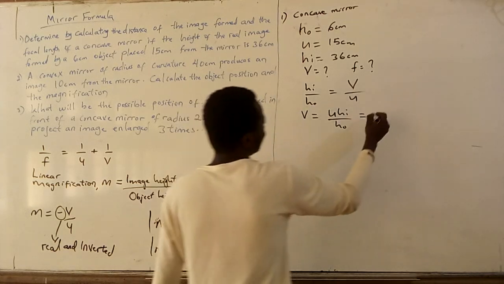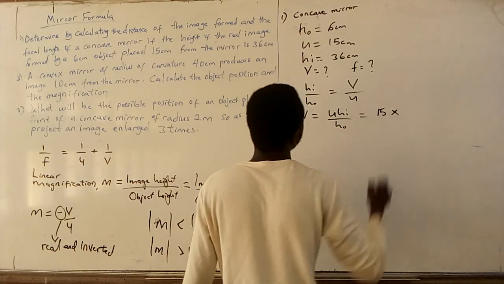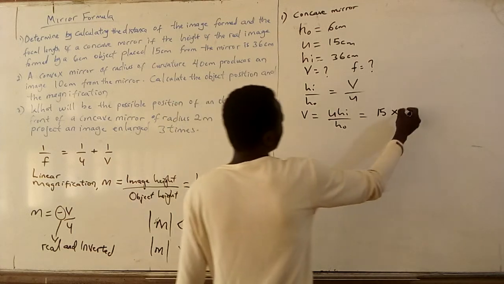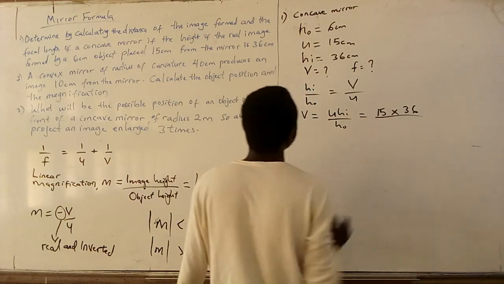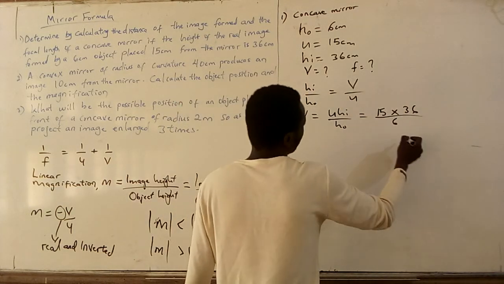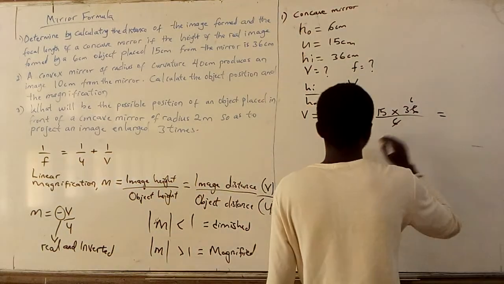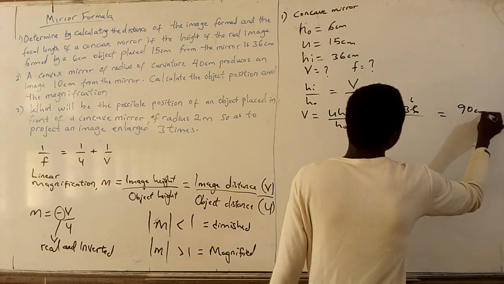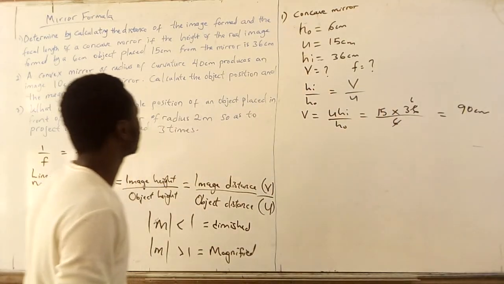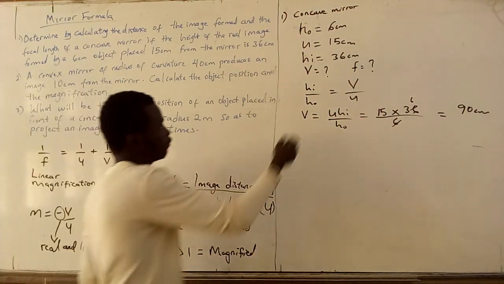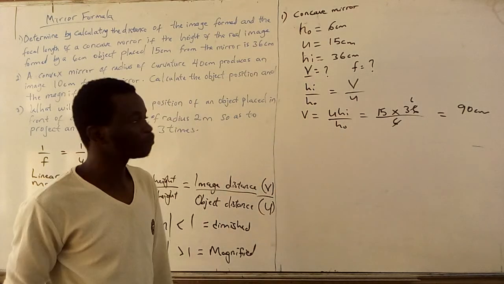U is 15 times HI, which is 36, all over HO, that's 6. That's 6 times 15, so we have 90 centimeters. So that's the first answer, the image distance.